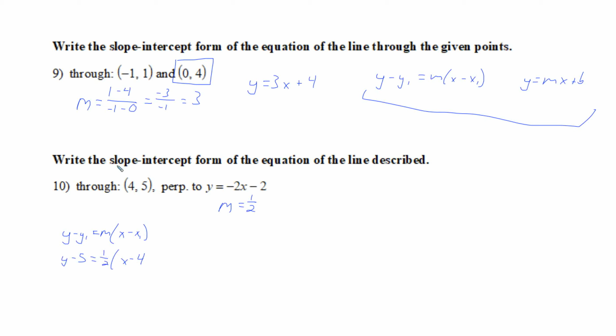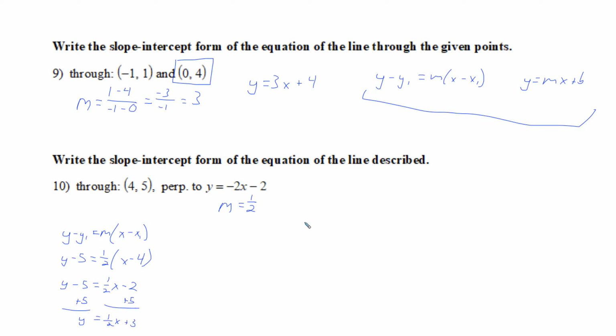And we want it in slope-intercept form. We actually started with point slope form, and now we're going to change it. This 1/2 can distribute. That would be 1/2 x minus half times 4 is 2. And then lastly, we would add 5 to both sides and get y equals 1/2 x plus 3.